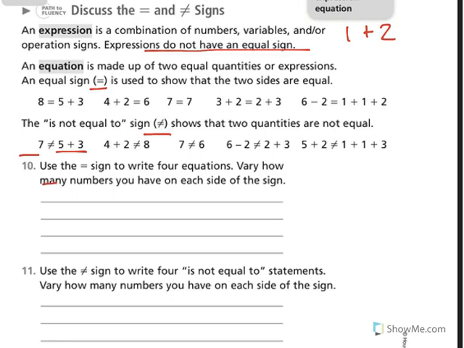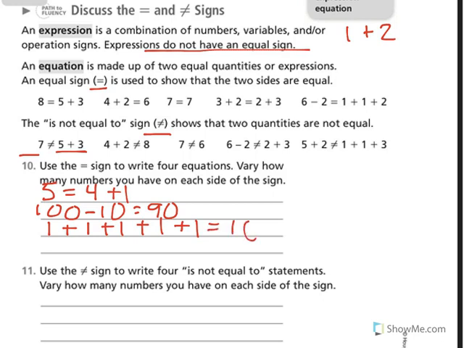So I could do like 5 equals 4 plus 1. I could do 100 minus 10 equals 90. I could do 1 plus 1 plus 1 plus 1 plus 1, 1, 2, 3, 4, 5, equals 10 take away 5.